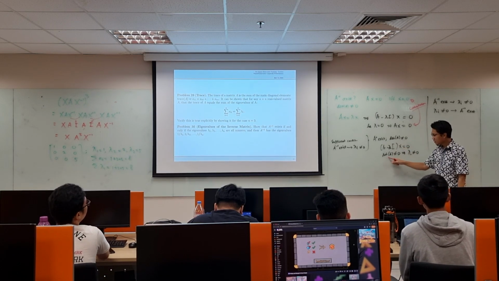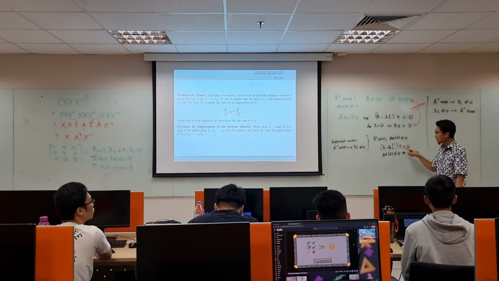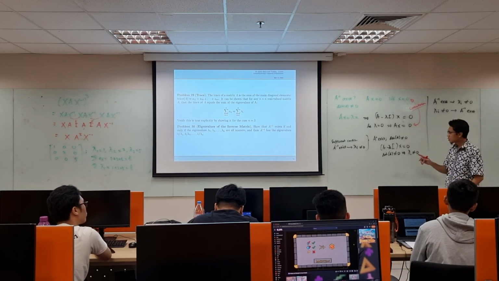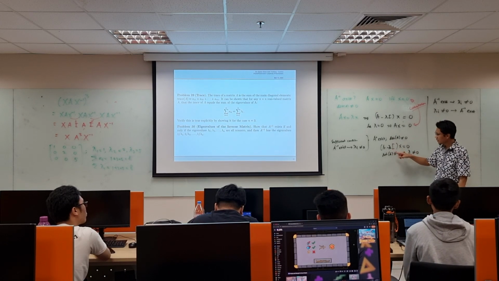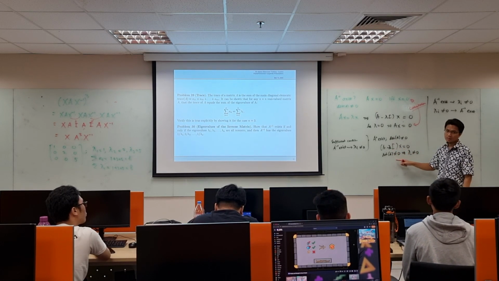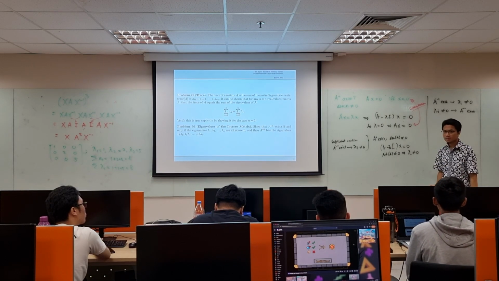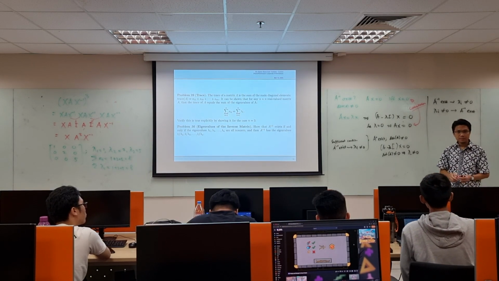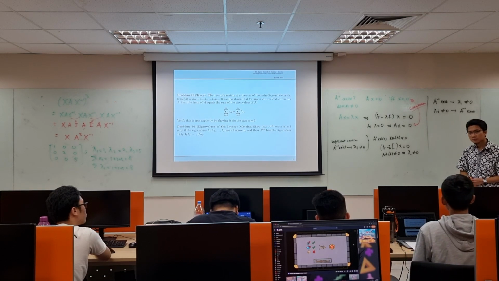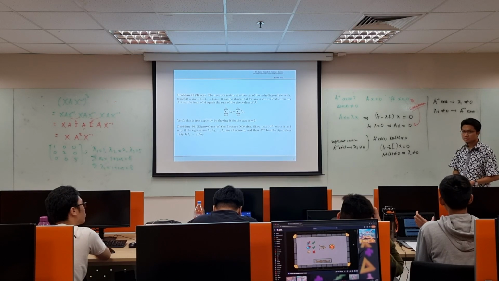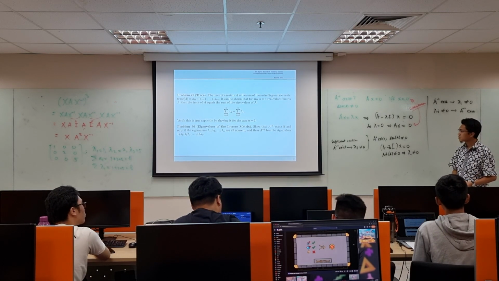If determinant A is non-zero, then lambda in this case cannot be 0, because when we put lambda equal to 0, then determinant A equals 0.